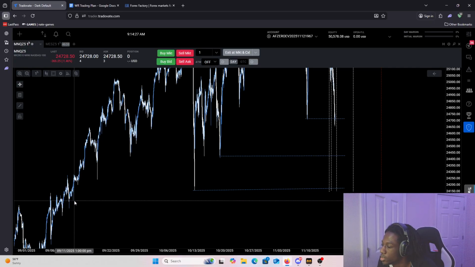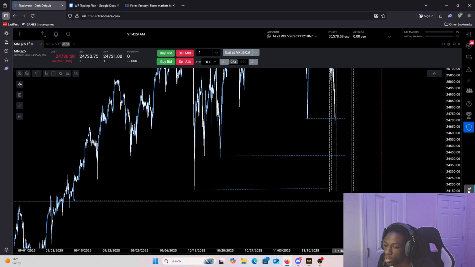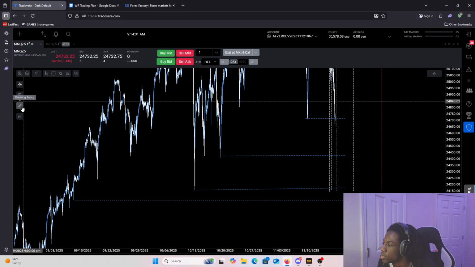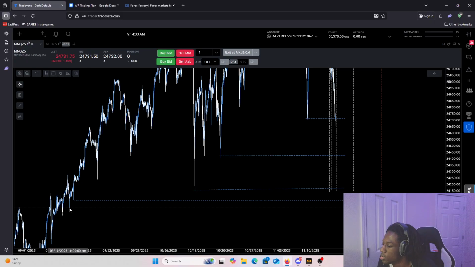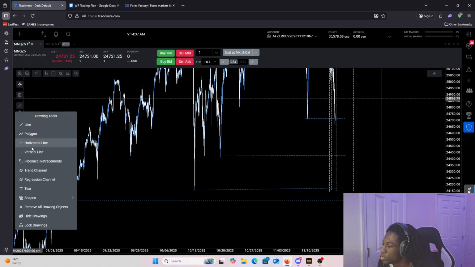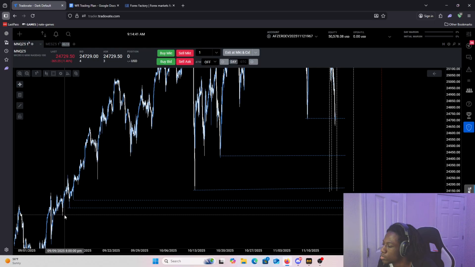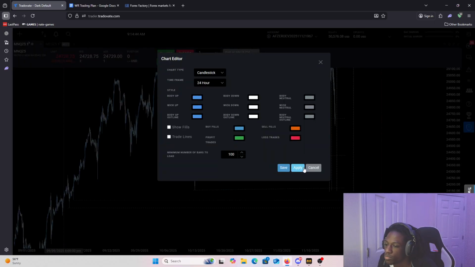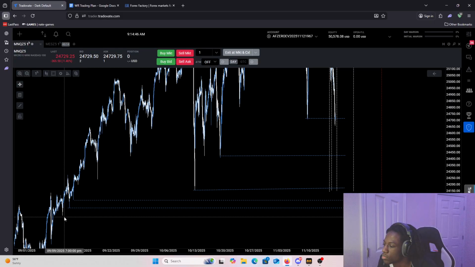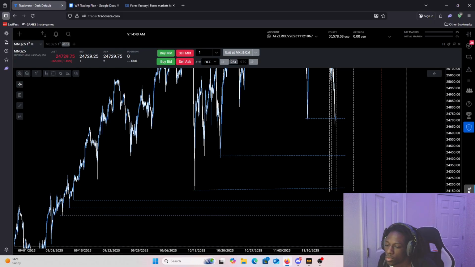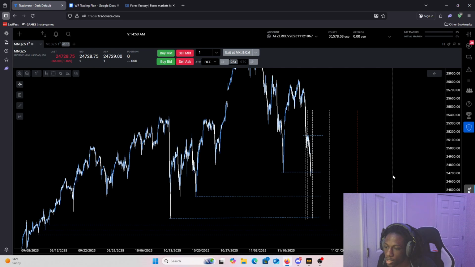Yeah, there's quite a bit of low res down here. Yeah, all these lows. Like all of these lows down here could get swept.